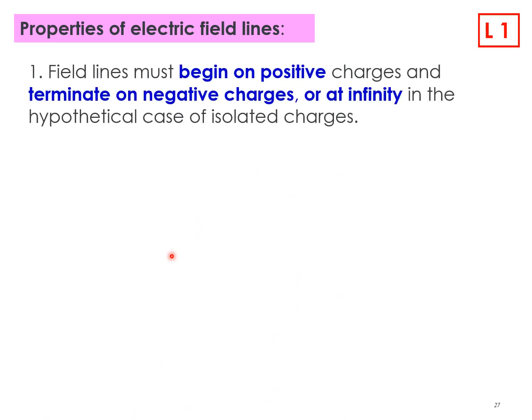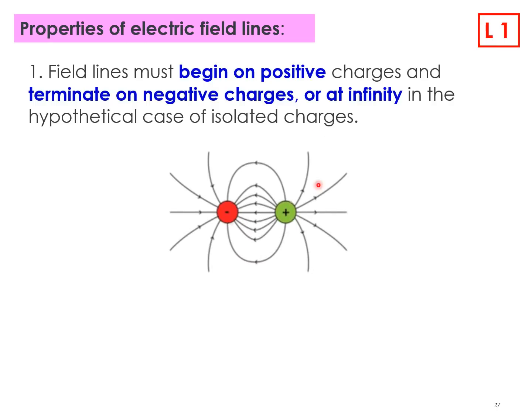Okay, so here I want to list down a few properties or characteristics in order to sketch electric field lines. The first one is that the electric field line must begin on a positive charge and end on a negative charge, or at infinity, as the statement says. For example, here you see a positive charge.